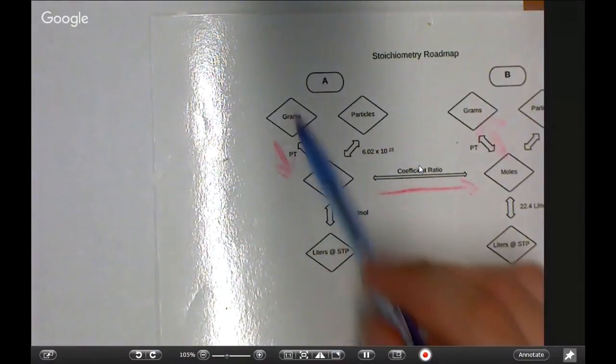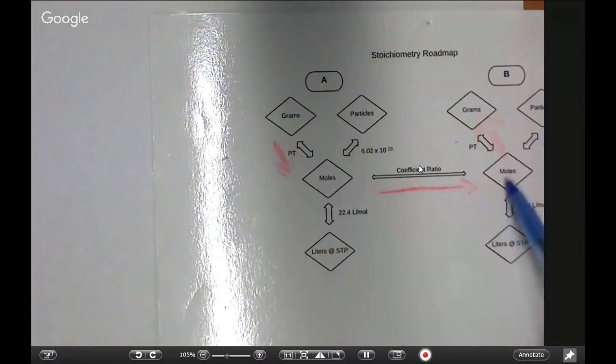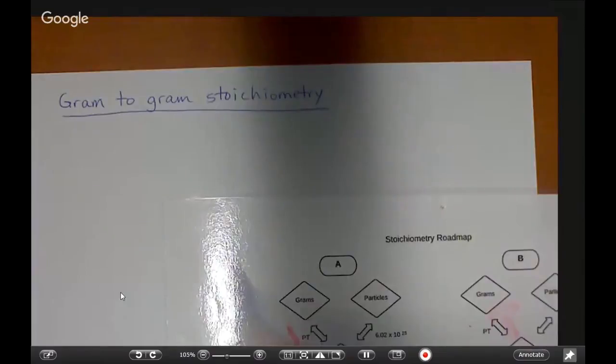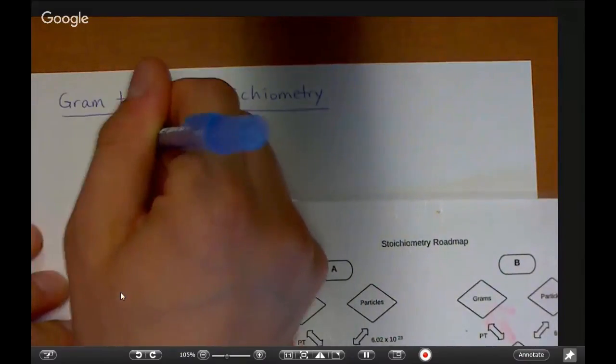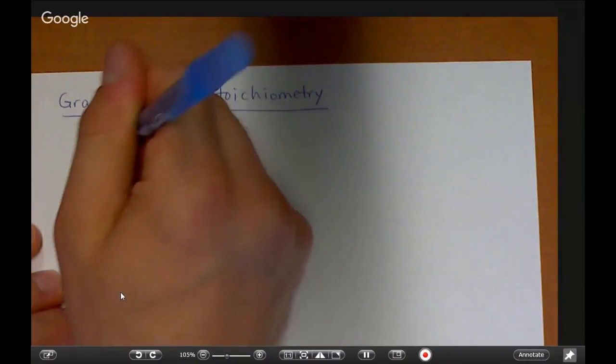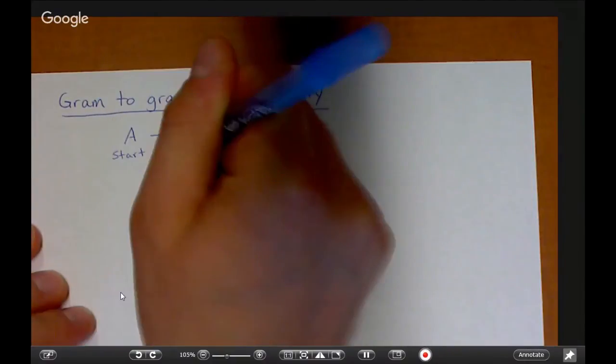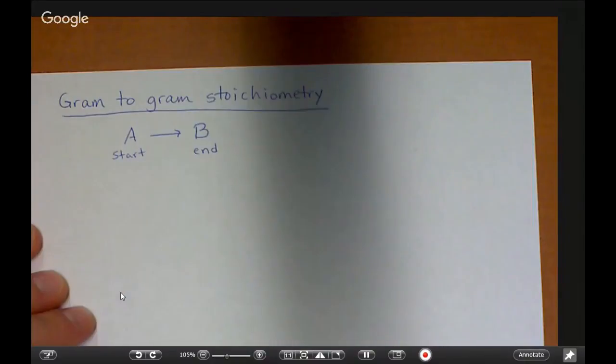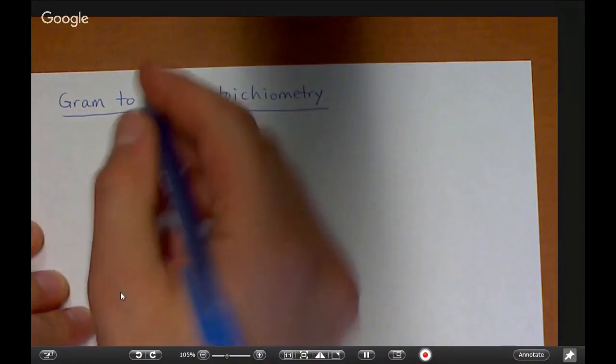So we're going grams to moles, moles to moles, moles to grams. Put another way, I'll write it out, where if we have A going to B, where A is our starting point and B is our end point, we can refer back to the roadmap later, but we have our start and our end.